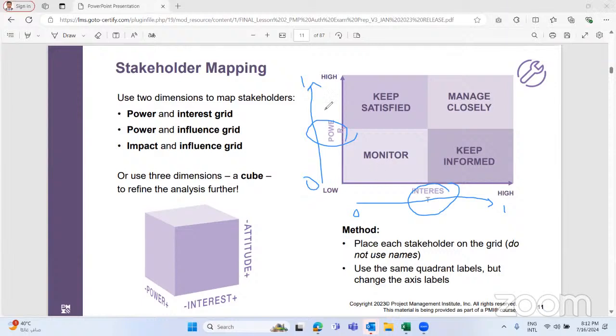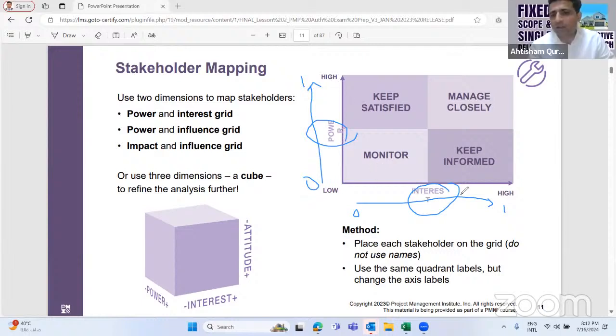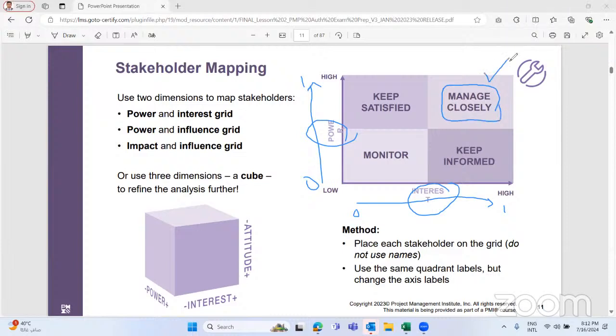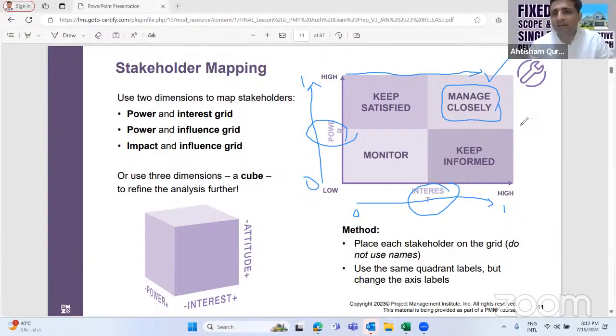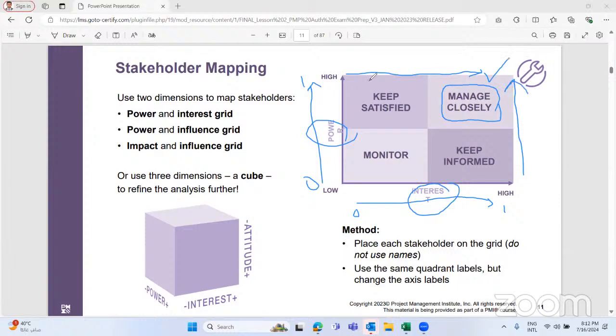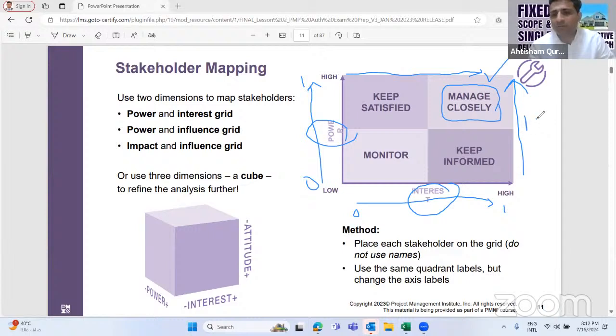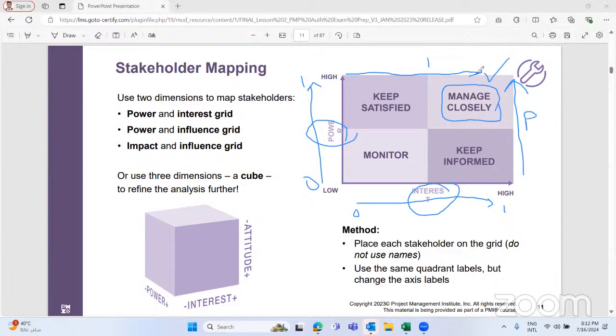So let's say a stakeholder who has got power and who is really interested in your project, what should be the quadrant that stakeholder will be in? They have got the interest and they have got the power. Make sense? Yeah, makes sense, sir.